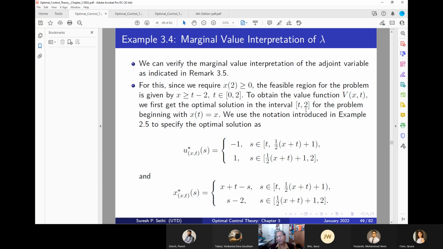Now, remember, we have not formulated a problem in chapters 1 and 2 that begins with t. All our problems go from 0 to some time capital T. So if I give you a problem from t to 2, all you can do is define a new time tau, which will be 0 at small t.